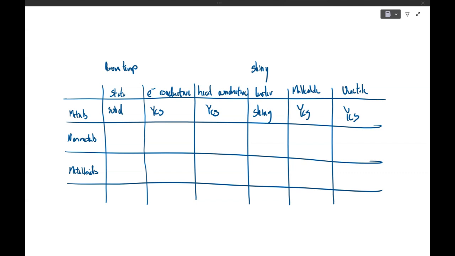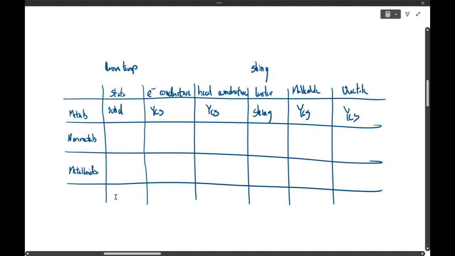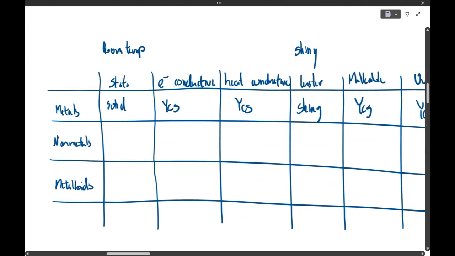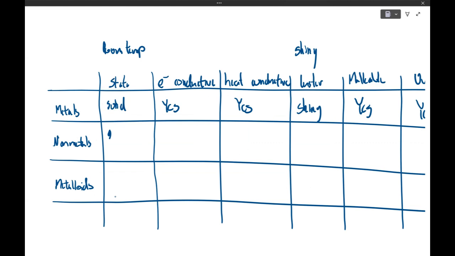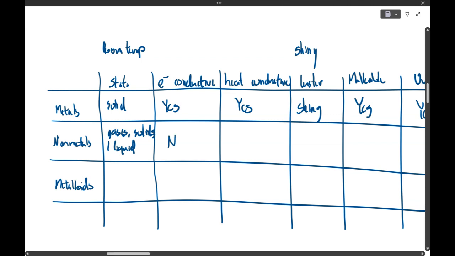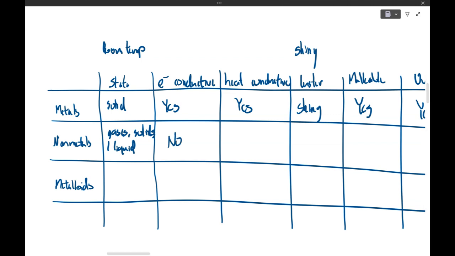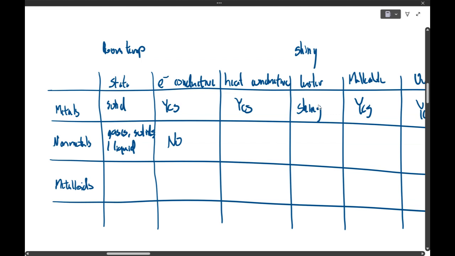And now we go on to nonmetals. So nonmetals can be a variety of states. We have gases and solids and one liquid, and that's bromine, which is a liquid at room temperature. Nonmetals tend to not be electrically conductive, and that should be quite obvious when the air doesn't just spark normally.